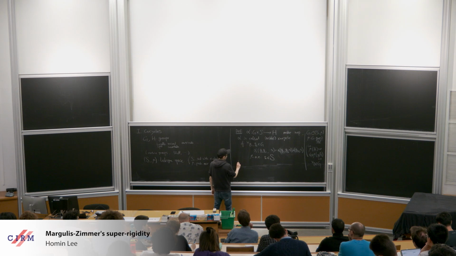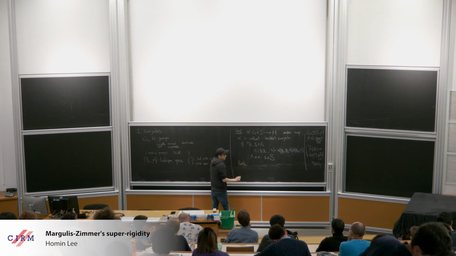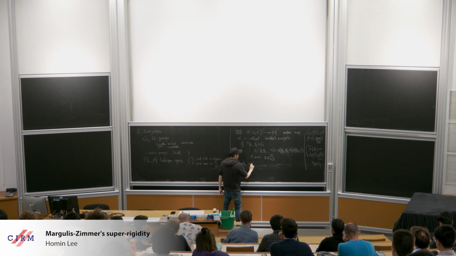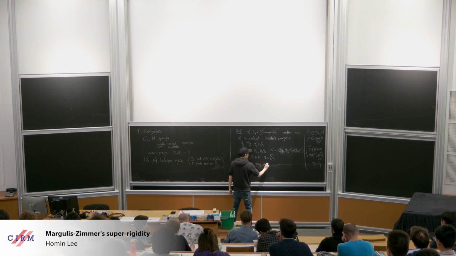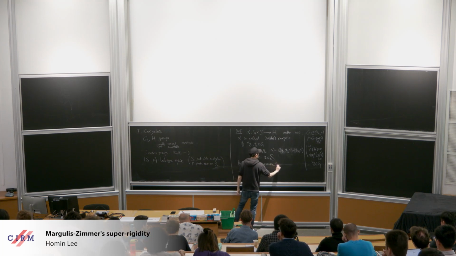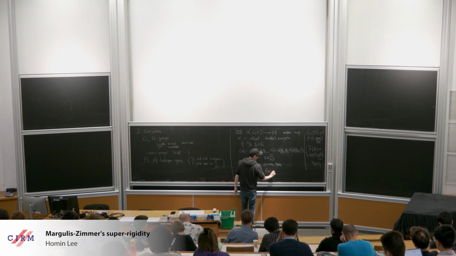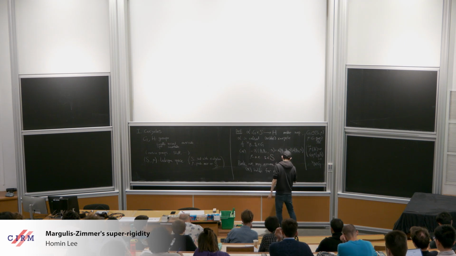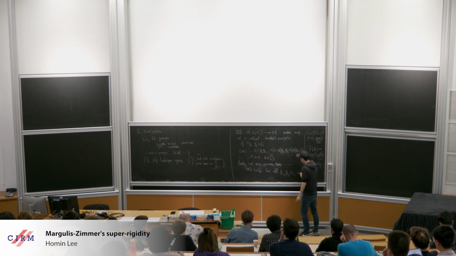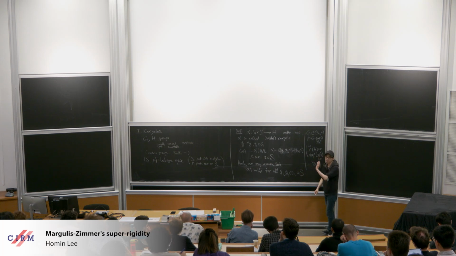But for us, we may assume that, let's say this is star, holds for all G1 and G2 in G and S in S. Actually, this is possible up to changing the null set.